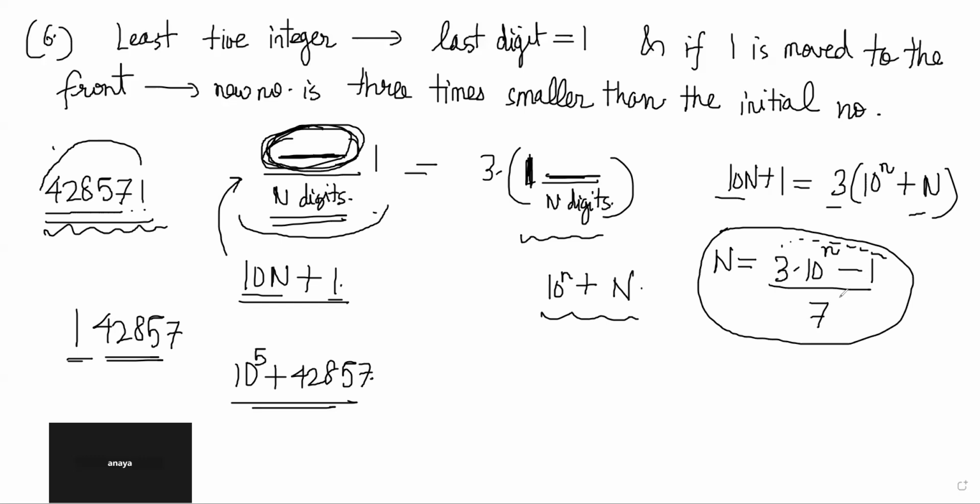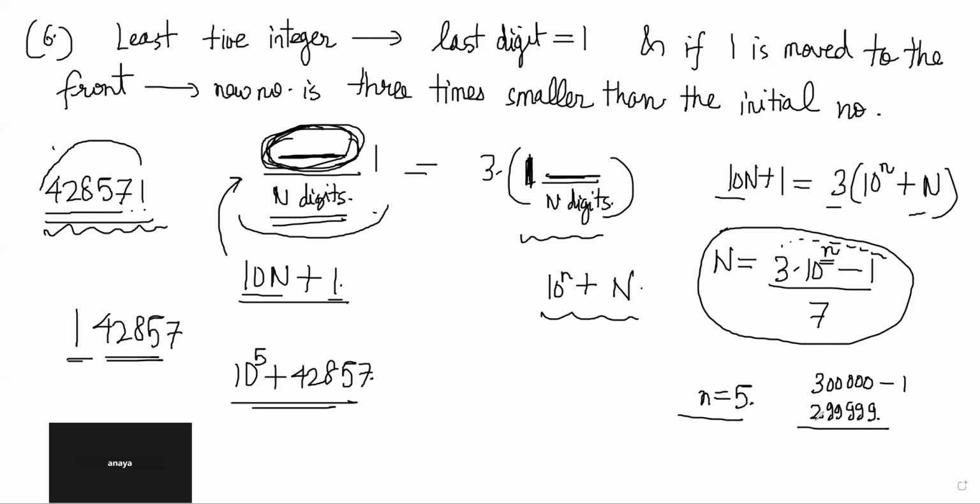The smallest case will be when small n is 5. You can check all the smaller values of n. When you check 1, for example, you get 29, doesn't work. When you check 2, you get 300 minus 1, 299, doesn't work, right? Right. When n is 5, it becomes 3 into 10 power 5 minus 1, which becomes 300,000 minus 1. So it becomes 299,999, right? Yeah.